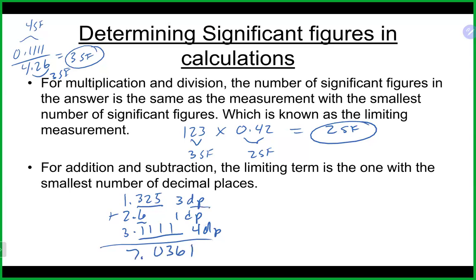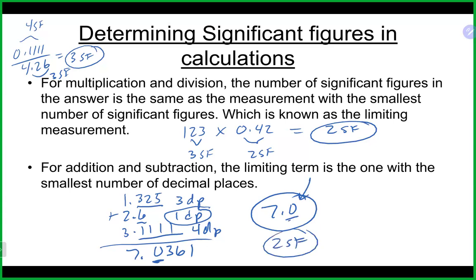So in this case, 1 decimal place is the least. This should be 7.0 would be our right answer, our correct answer. This has 1 decimal place. How many significant figures is that? 2, yeah. But 1 decimal place is where it should go based off of this number.